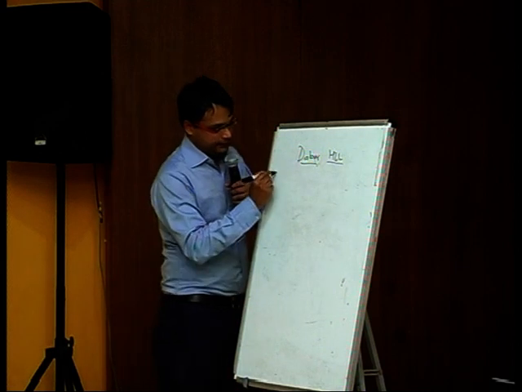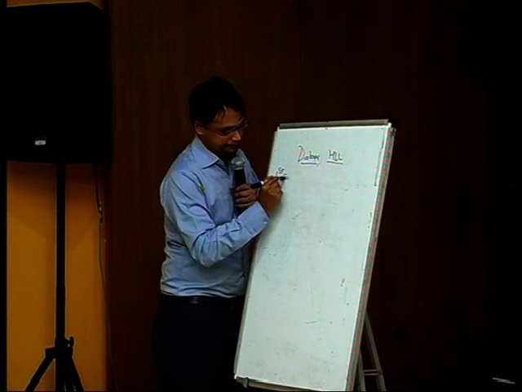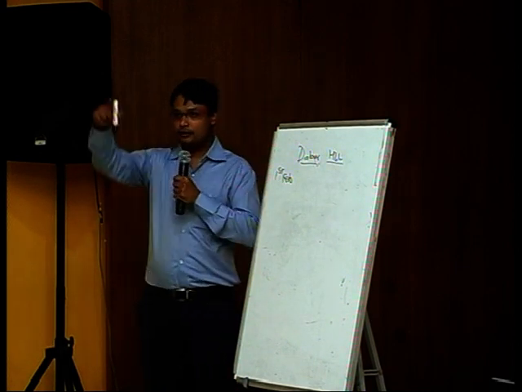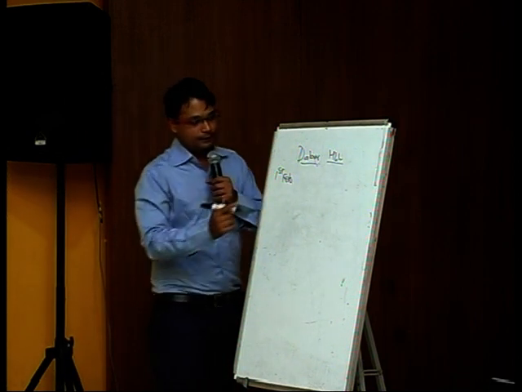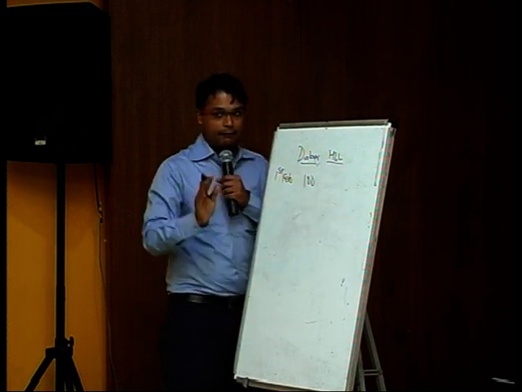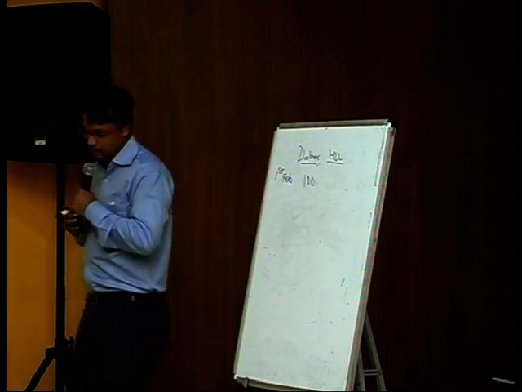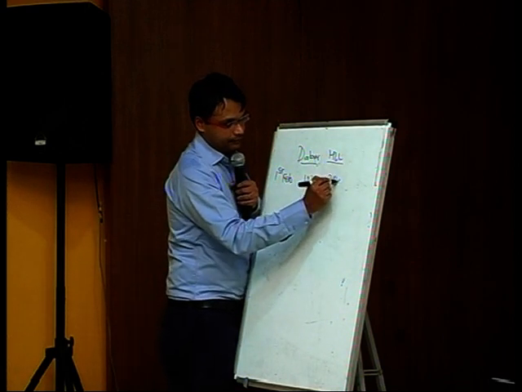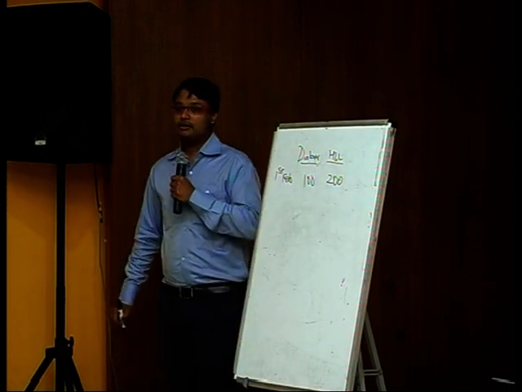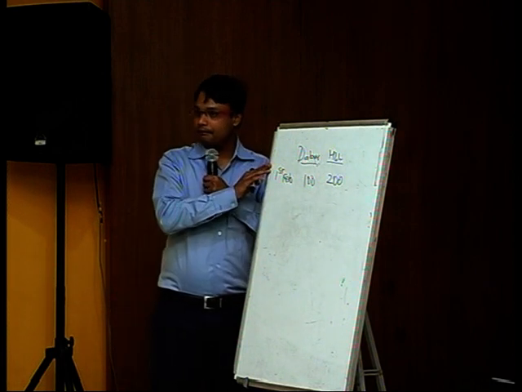So let me just say 1st of February. I record their price. You can see the board. Suppose that the Dabur's price was say 100 rupees. I'm taking some random numbers just for the sake of calculations. Hindustan Lever's price was supposed 200 rupees. Okay, this was at the closing of 1st of February.